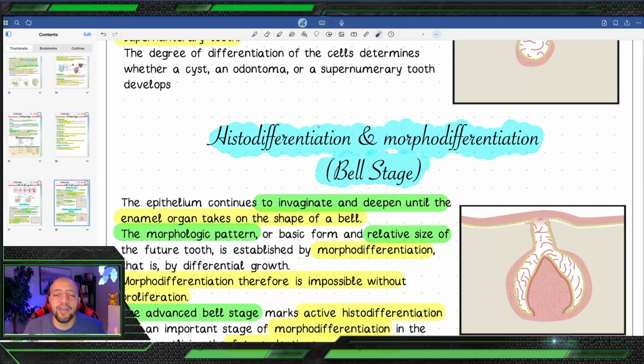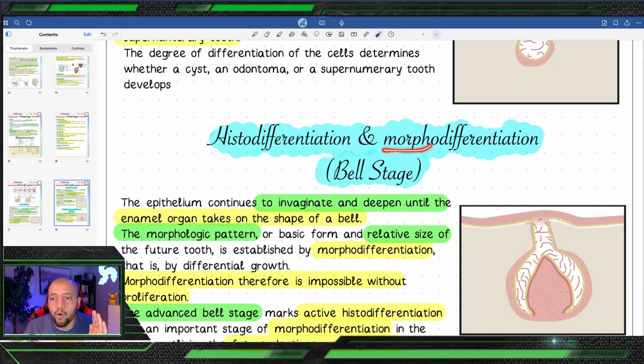Before I tell you anything: histodifferentiation is differentiating between different cells. Histo is the histological feature. So in this stage of histodifferentiation, the cells will differentiate to become a different histological shape and function. But in morphodifferentiation, the cell itself will become a different size and shape.